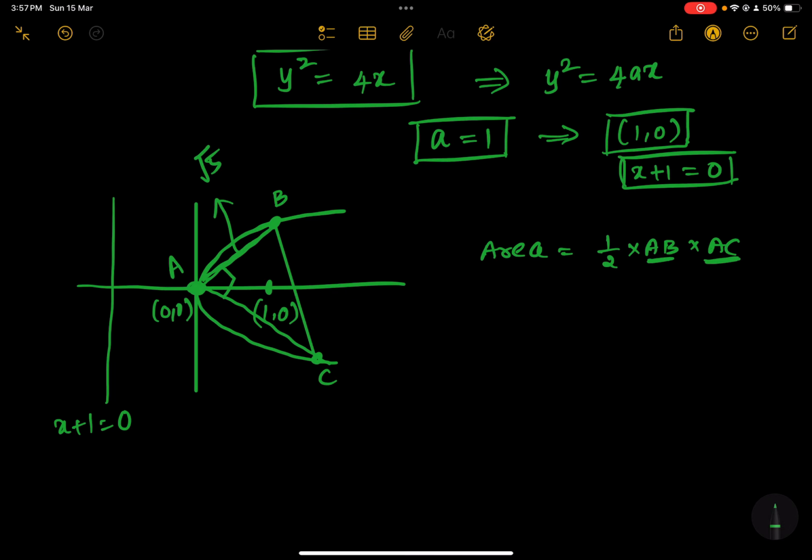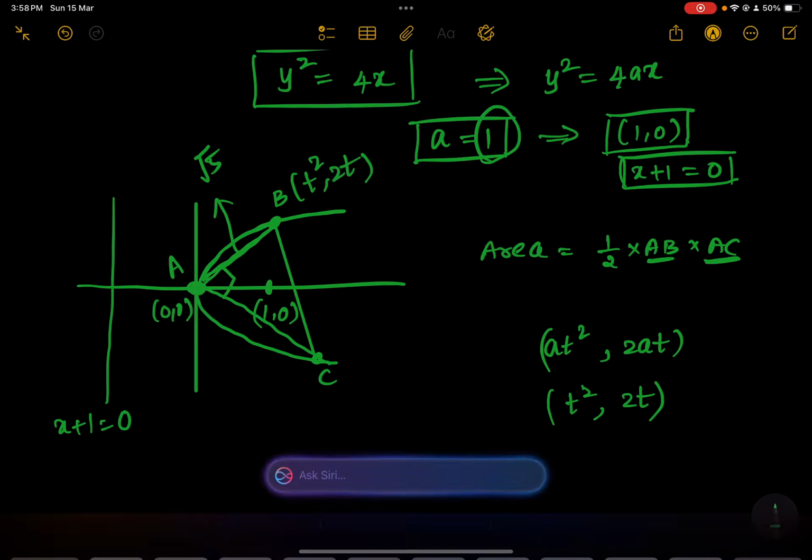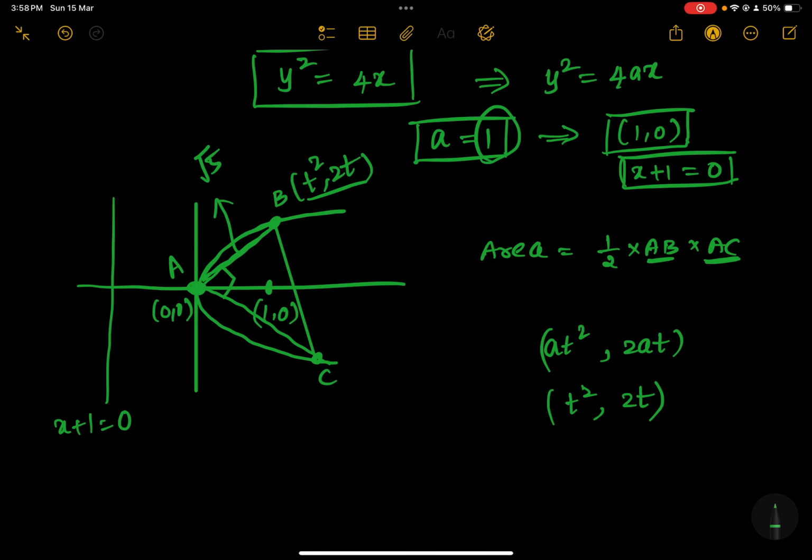Let us say this point B is, so we know the parametric equation, which is at square comma 2at. Since a is equal to 1, for this particular parabola the parametric equation is t square comma 2t. Let us say this point is t square comma 2t. And since we have already used t here, let us say this other point is t1 square comma 2t1.